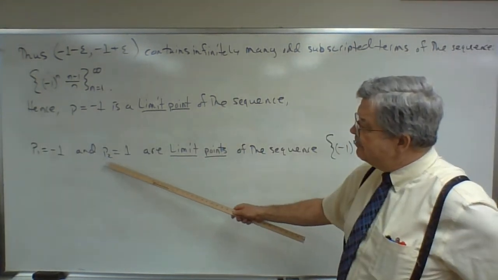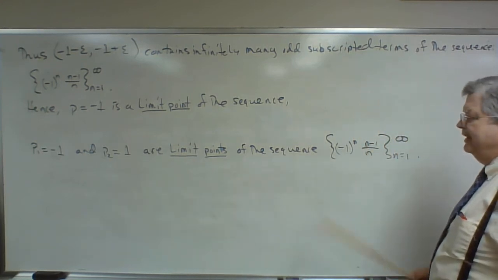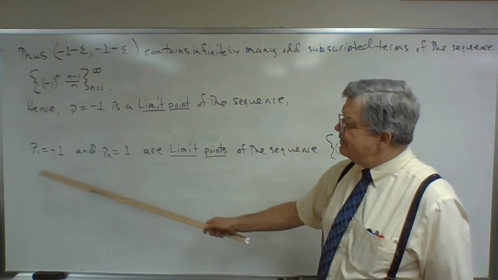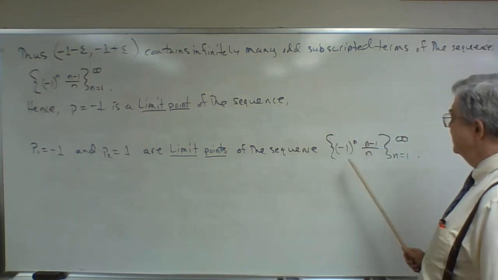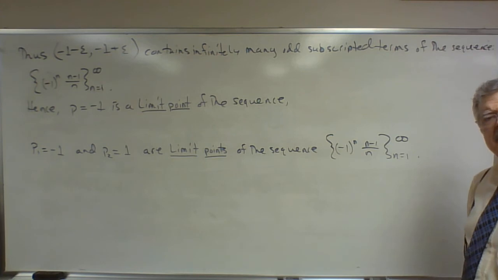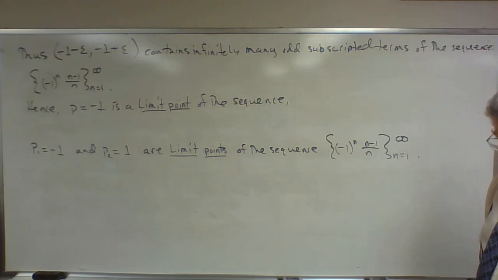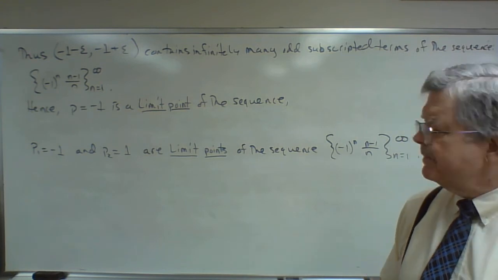Earlier, we showed that P2 equals 1 is a limit point of this sequence. We just got through showing that P1 equals -1 is a limit point of this sequence. So this sequence has two limit points. Let me ask you something.